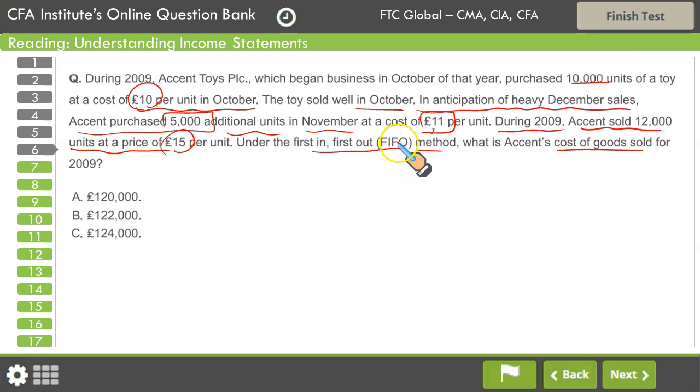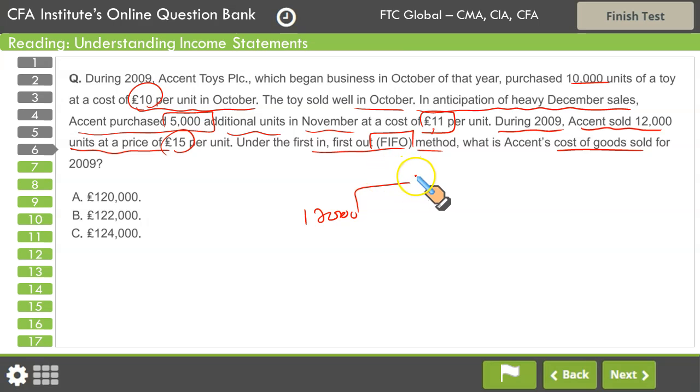Cost of goods sold. First in first out method means the earlier cost will be charged to your cost of sales, and the latest costs will go to your closing stock. Since you sold 12,000 units, and older goods are sold first, older costs are charged to production first.